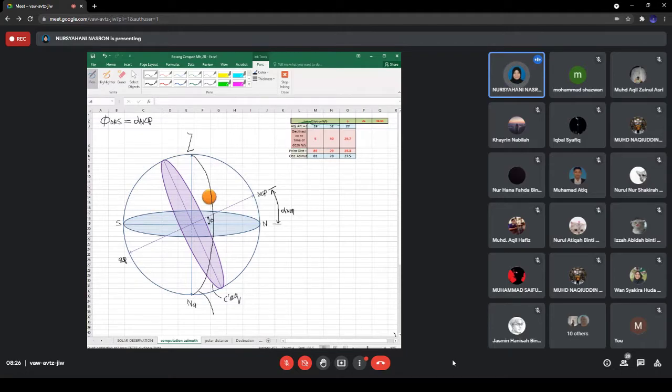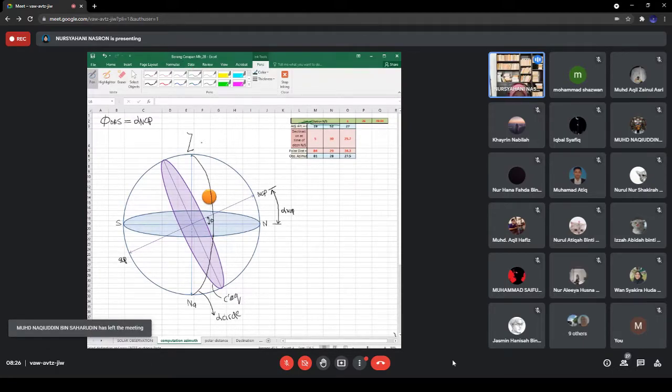Then we locate the azimuth, starting from north, measured clockwise until the vertical circle, that is the altitude circle. This is azimuth.